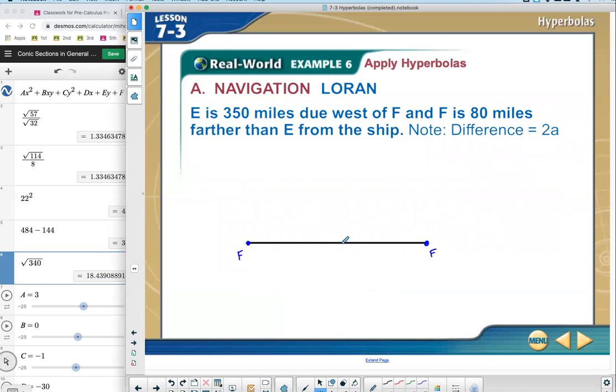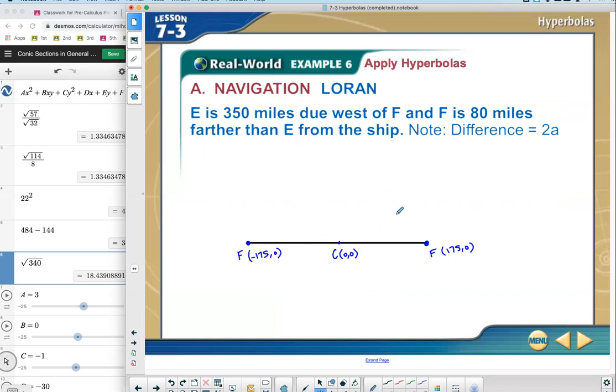Now I'm going to say the center, just to make this easier, is here, and we'll call the center 0, 0, which means this focus is 350 divided by 2 to the right, which is 175. And this focus would be negative 175 to the left.